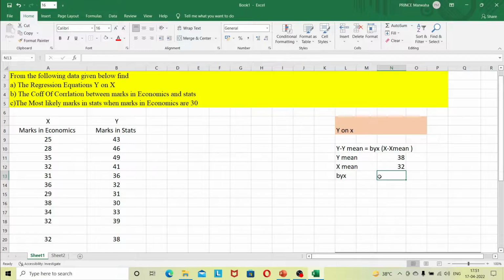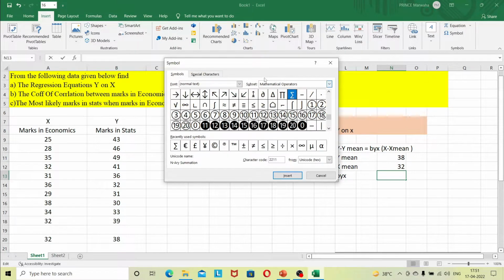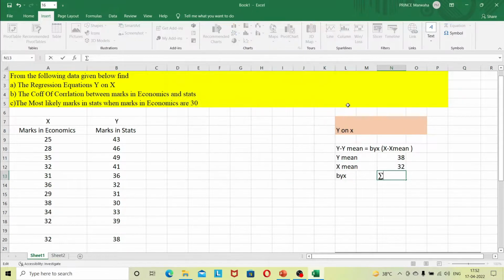Now we need to calculate byx, the regression coefficient of y on x. The formula will be summation xy, that is small x and small y, divided by summation small x square.